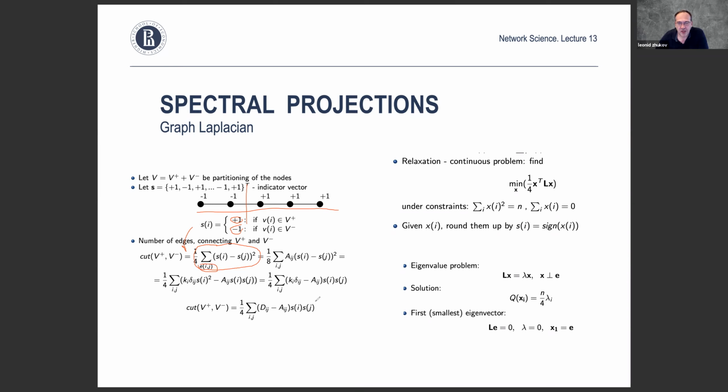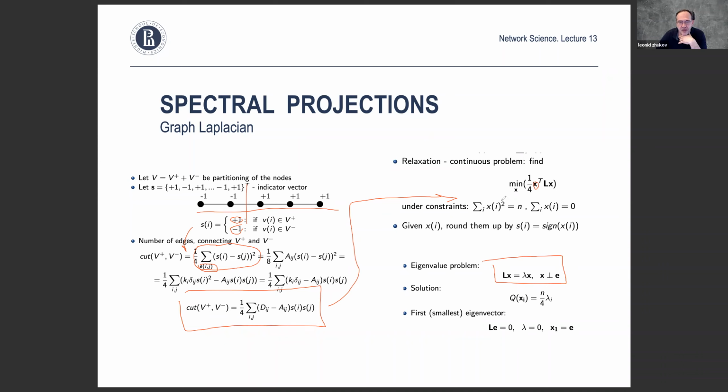Then we worked with the sum and came up with a formula, and then we converted this into an optimization problem by replacing those s's with real values x, and solved it. And that would help us assign nodes to the clusters.